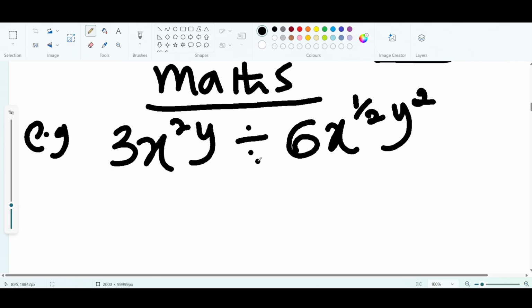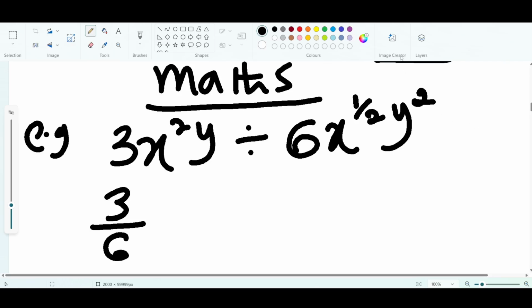And when it is division, then what happens? We subtract the powers. But this one and this one, they are the coefficients. And because they are the coefficients, they will just undergo normal division. That is, it will become 3 all over 6.